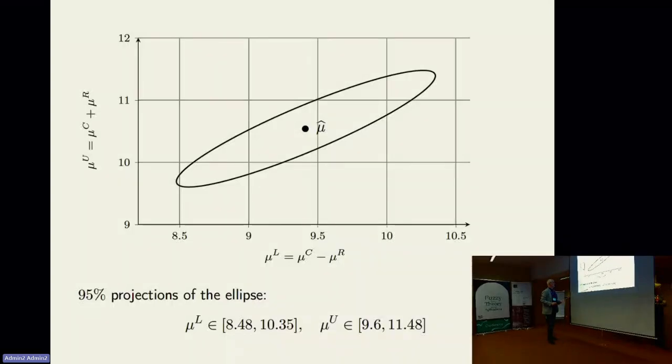In this case, I can obtain one-dimensional confidence intervals, for the lower or upper endpoint when the other endpoint is arbitrary. But because of this relationship, of course, this ellipsoid is in some sense more reasonable.